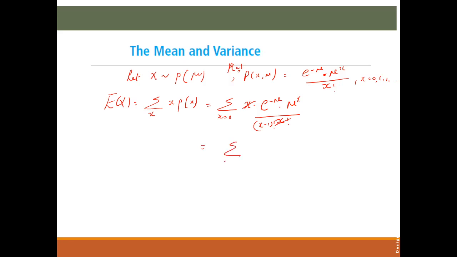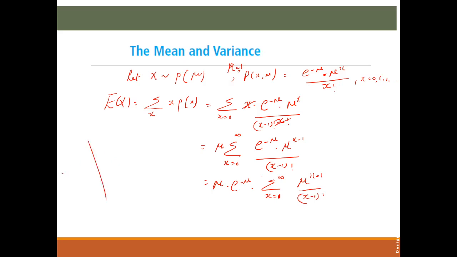This is equal to the sum of e raised to minus mu into, if I take a mu outside, mu raised to x minus 1 divided by x minus 1 factorial. So I can take mu into e raised to minus mu, which is constant, outside, into the sum for x equals 1 to infinity of mu raised to x minus 1 divided by x minus 1 factorial.